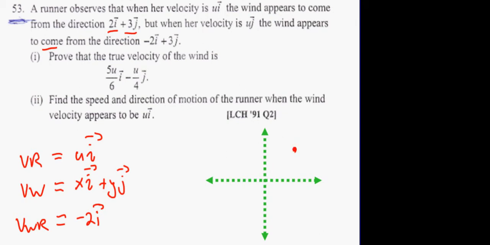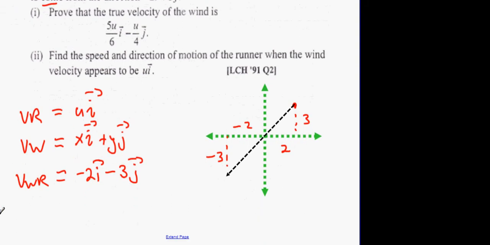If it's coming from there, it's going through it, so it's coming from a northeastern direction. On the other side it's going to be minus 2, minus 3j. So that's the direction it's going in.